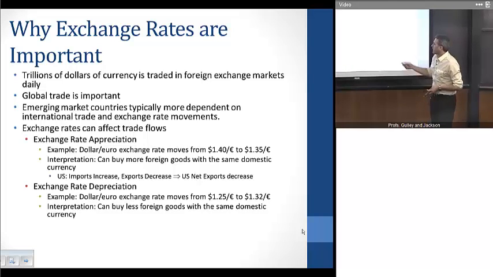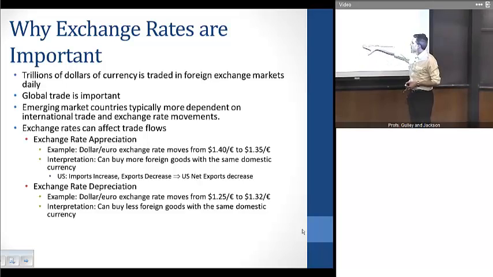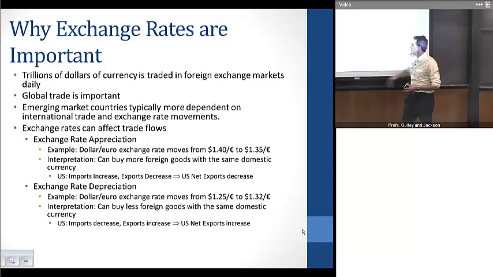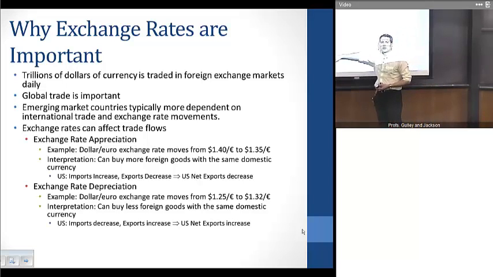If we flip that around, again, we have the example that we looked at before. Our dollar-euro exchange rate, if that moves from, say, $1.25 per euro to $1.32 per euro, as we talked about before, this is the dollar depreciating in this case. And so as a result, we buy less foreign goods with our domestic currency. And so because of that, imports into the U.S. are going to go down, right?